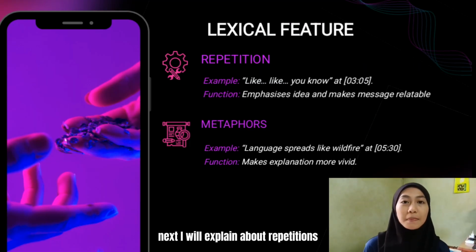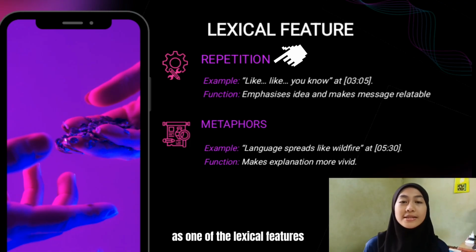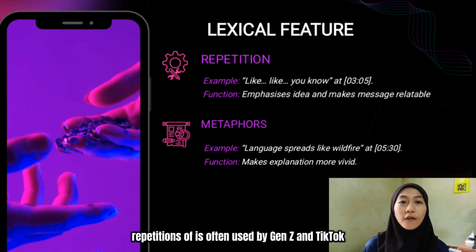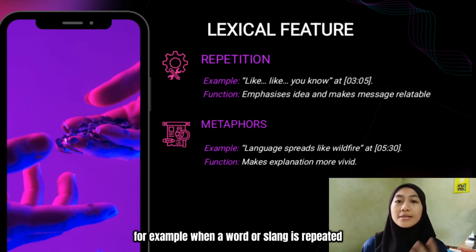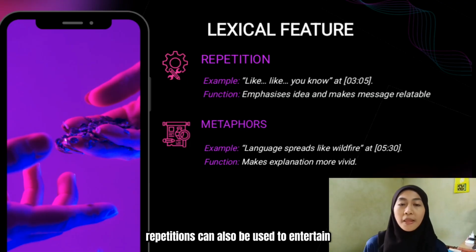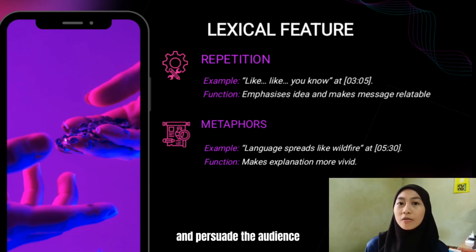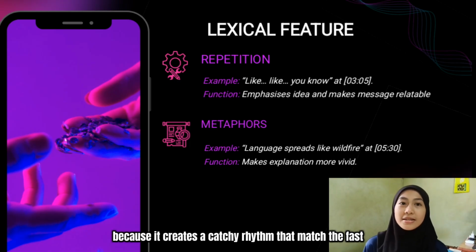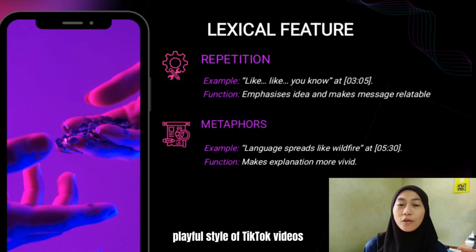Next, I will explain repetition as one of the lexical features. Repetition is often used by Gen Z and TikTok users to make certain phrases more memorable. For example, when a word or slang is repeated, it helps to emphasize important ideas and make them stand out. Repetition can also be used to entertain and persuade the audience because it creates a catchy rhythm that matches the fast, playful style of TikTok videos.